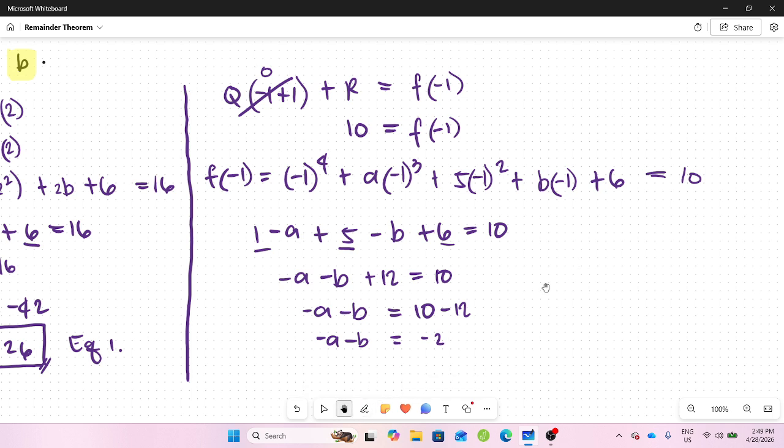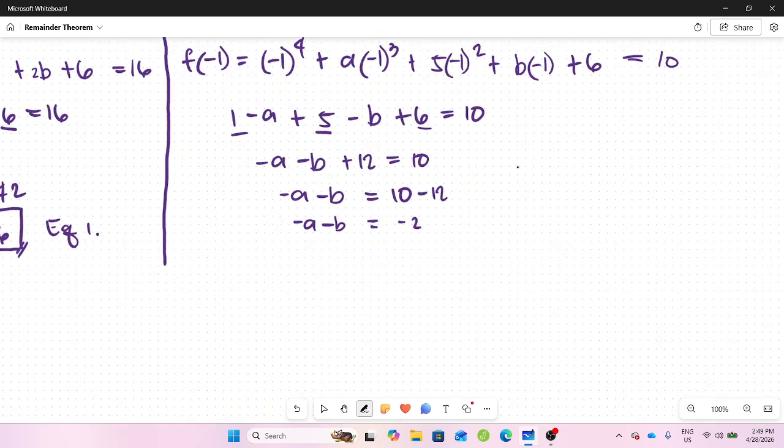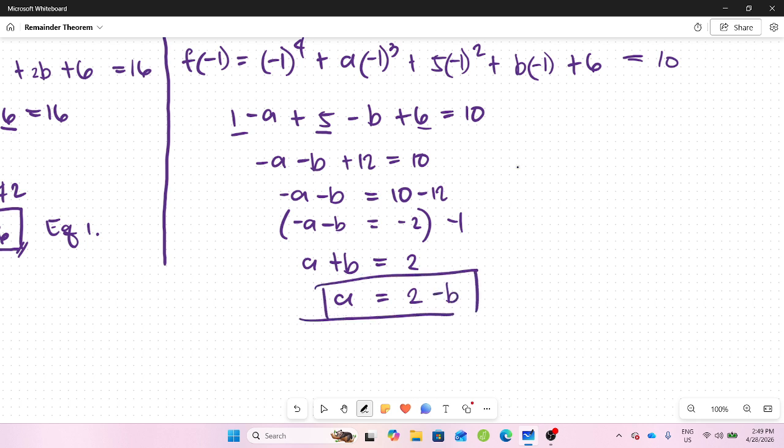We could simply multiply both sides by negative 1, so this becomes just a plus b equals 2. So a becomes 2 minus b. This is our equation 2.